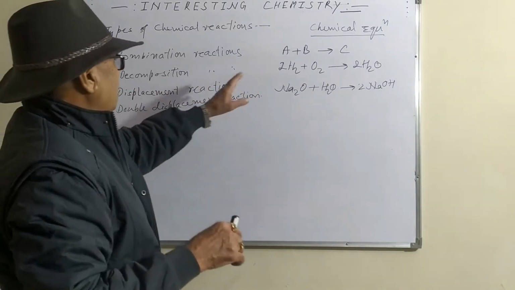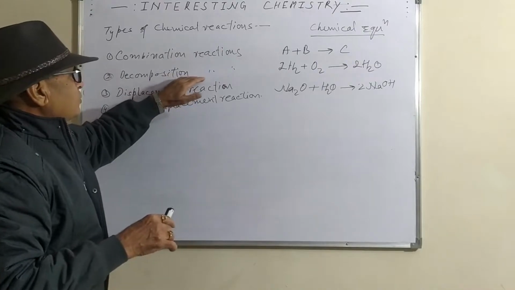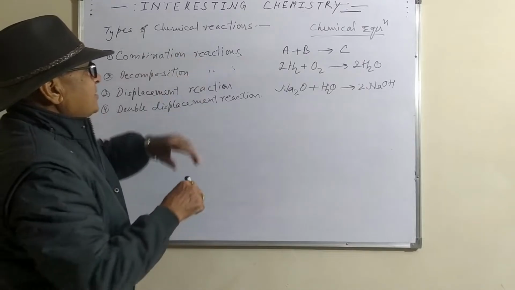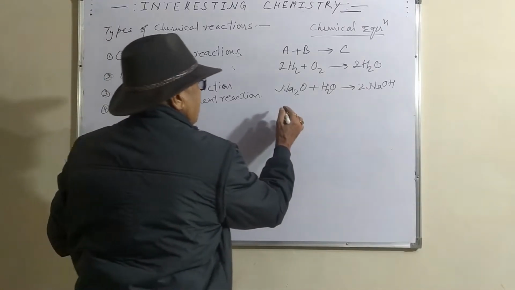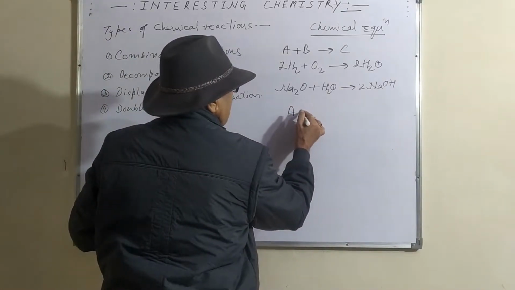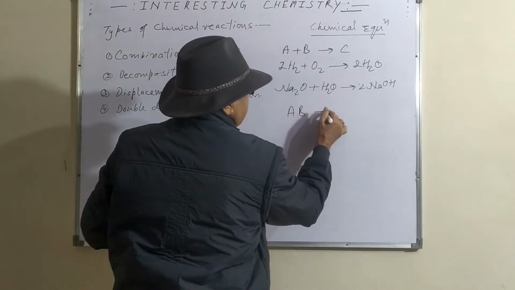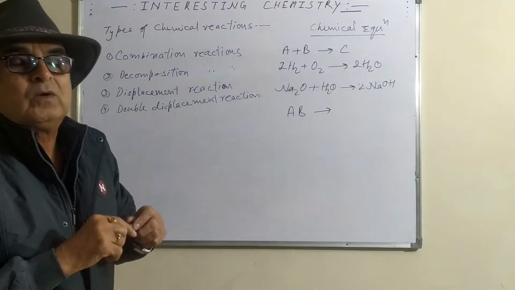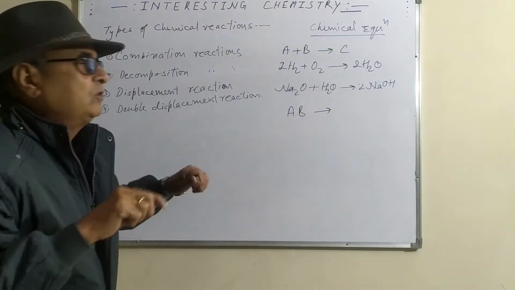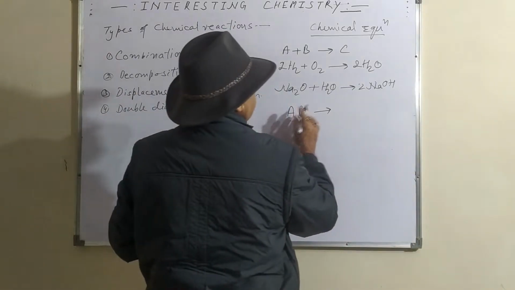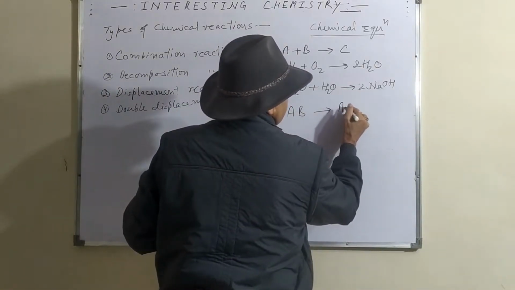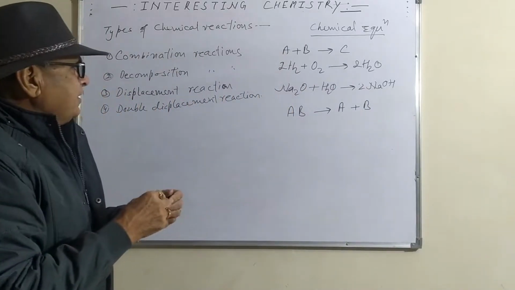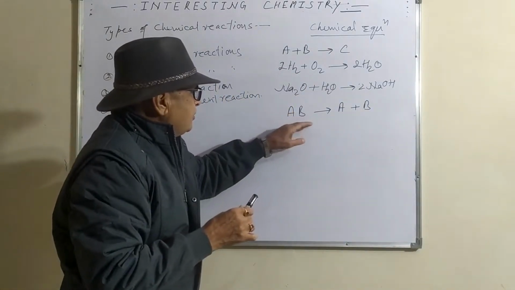The decomposition reaction is totally opposite to the combination reaction. Here only one substance will dissociate into two or more products, like AB giving A plus B. So this is the dissociation.